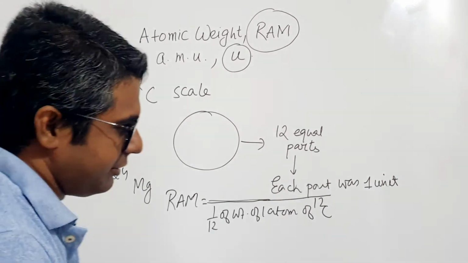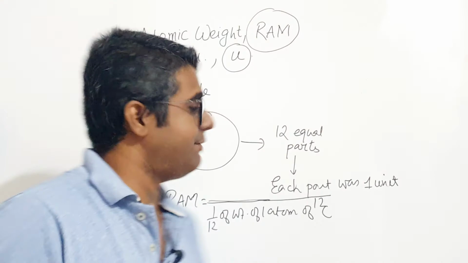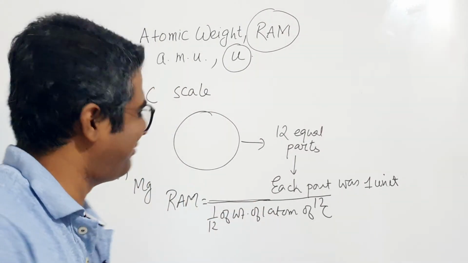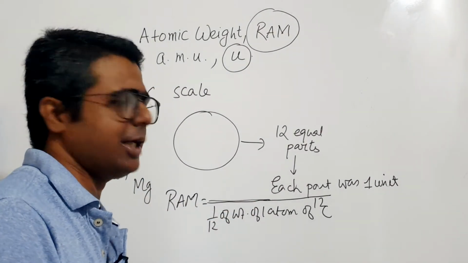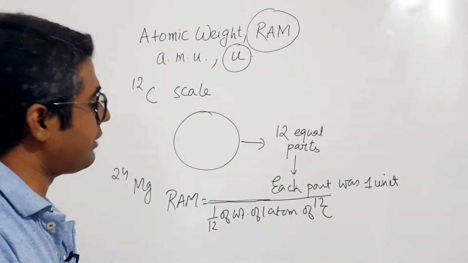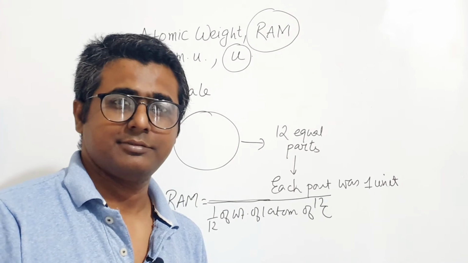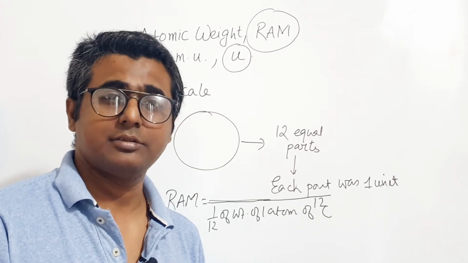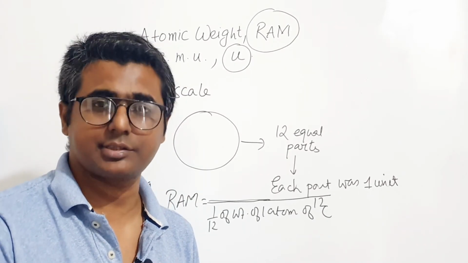So, what will it come to? The weight of magnesium, you also know, is 24 times of this. 1/12 of one atom of carbon means 12 divided by 12, so 1/12 of a carbon atom is 1 unit. Then magnesium will be 24 units.